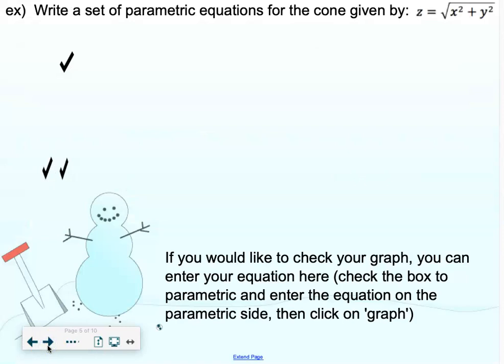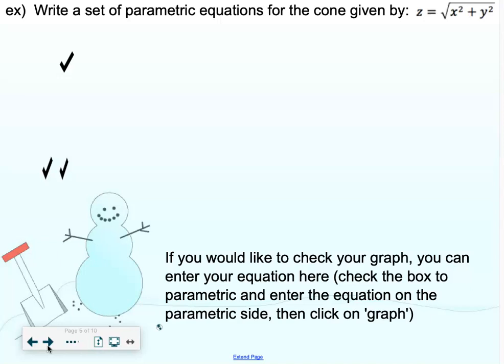The next one we're going to try to do, there's an easy way, and then there's the way that mathematicians want you to do it. But I don't care, I'm fine either way. Most of the parametric surfaces that you have to deal with will already be given to you. You won't have to figure it out.